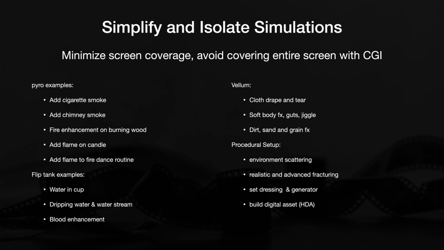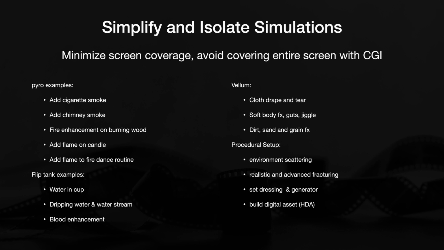A couple examples for FLIP tanks and liquid sims. Actually, a really good example for it is doing blood enhancement and blood spatter types of effects. Those are something that we do a lot, and it's actually quite difficult to do with practical tools. Once again, Vellum is super useful. It's great for doing cloth sims, any type of jiggling actions, and it's great for simulating dirt, sand, and anything that is granular.